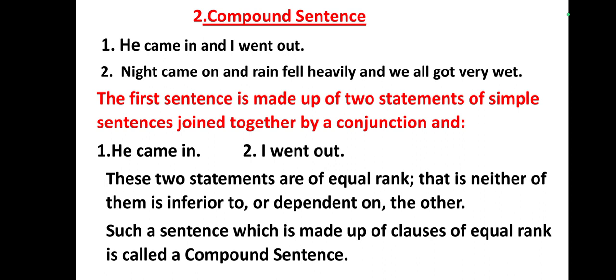That is, neither of them is inferior to the other or dependent on the other. It means each of the simple sentences has independent existence. So, such a sentence which is made up of clauses of equal rank is called a compound sentence.